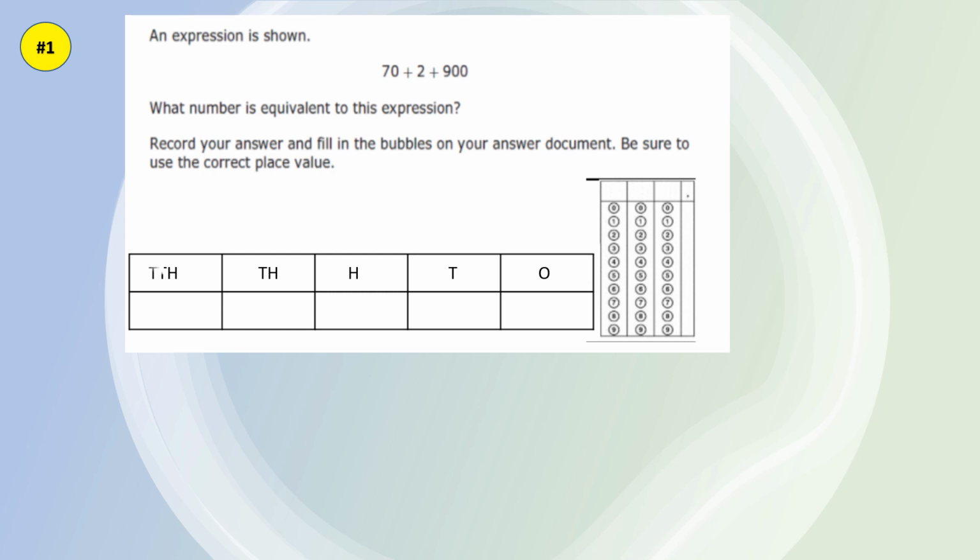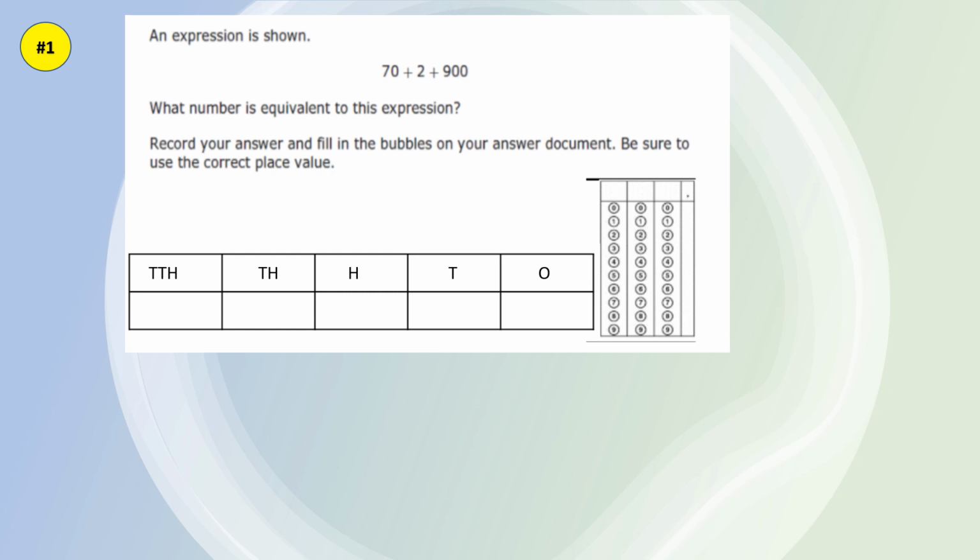And our 10,000s place with the TTH for 10,000s. Okay, now we have all of our places labeled in our place value chart. So let's go ahead and fill it in using the expression or the math problem that's on our paper.